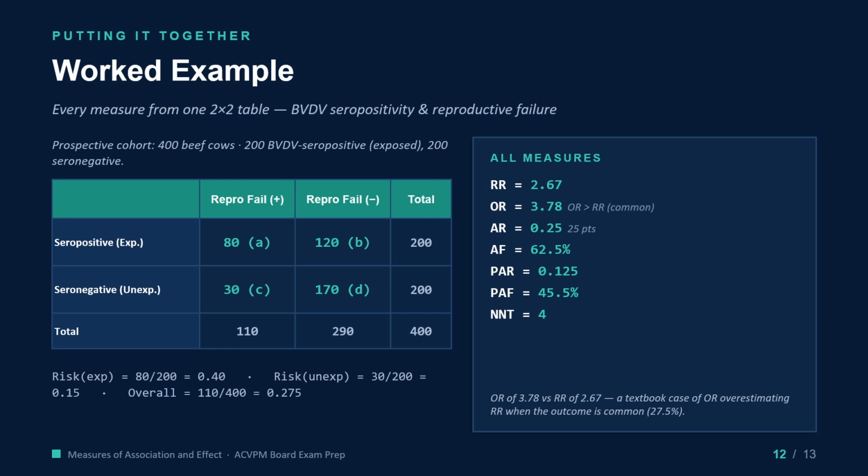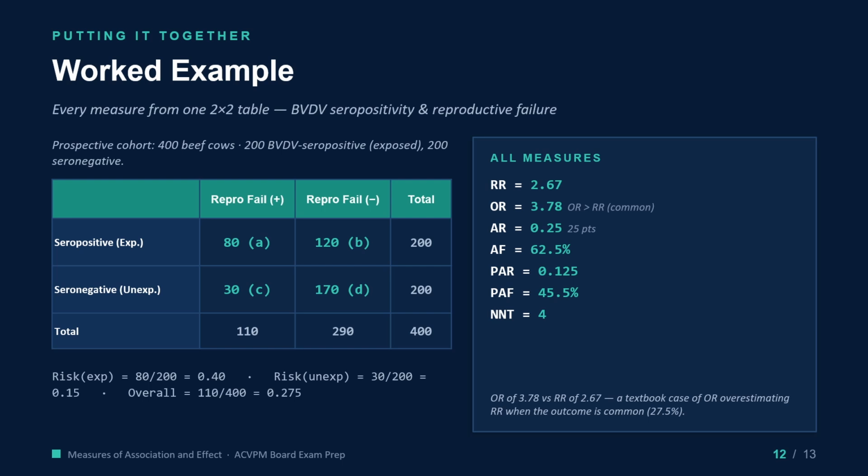PAR equals 0.275 minus 0.15 equals 0.125 or 12.5 percentage points. PAF equals 0.125 divided by 0.275 times 100%, 45.5%, meaning eliminating BVDV seropositivity could prevent about 45.5% of all reproductive failure in this herd.